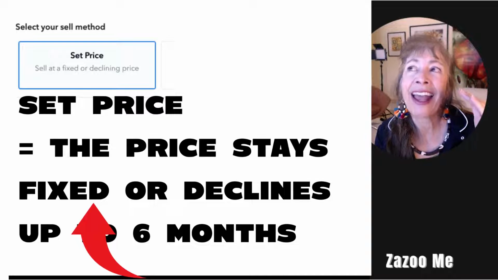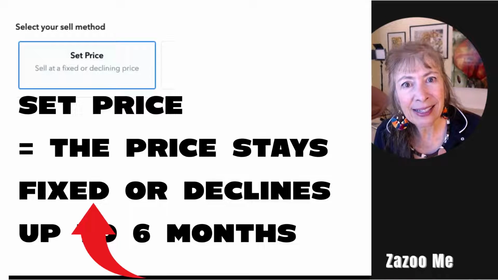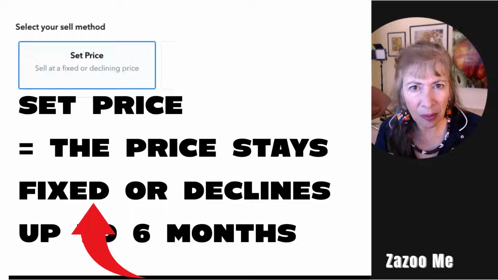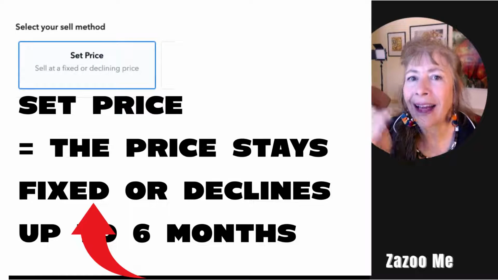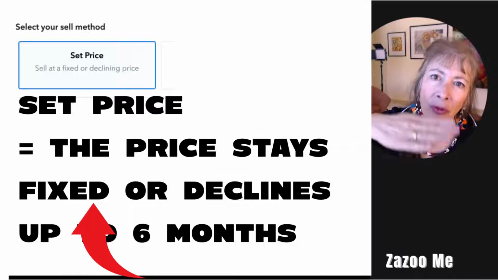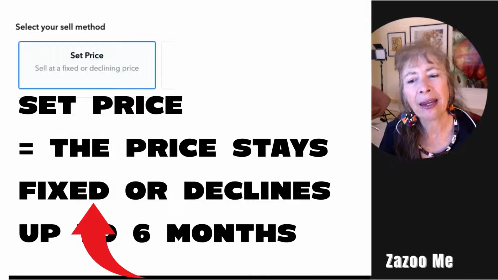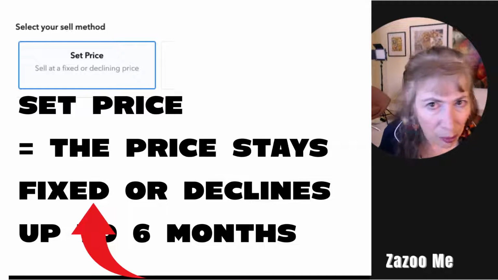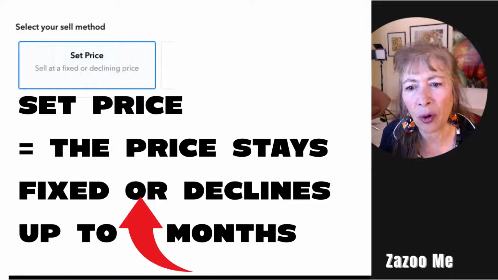So your set price can either be, that is my price, or it can be a declining price that goes down to your floor price. Floor price means the very bottom price that you are willing to sell this for.